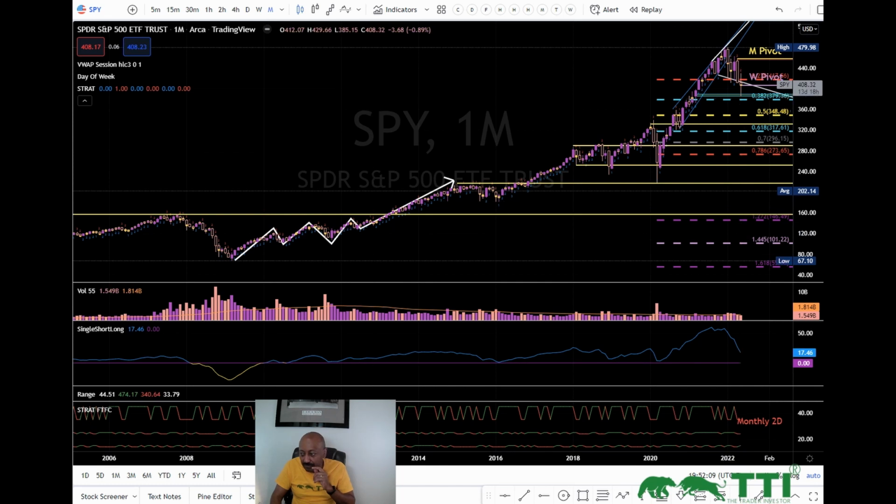Do you decide your strike price when you play options based on some of these resistance/support values, or is it a different component? That's a little bit more advanced than what we're talking about.